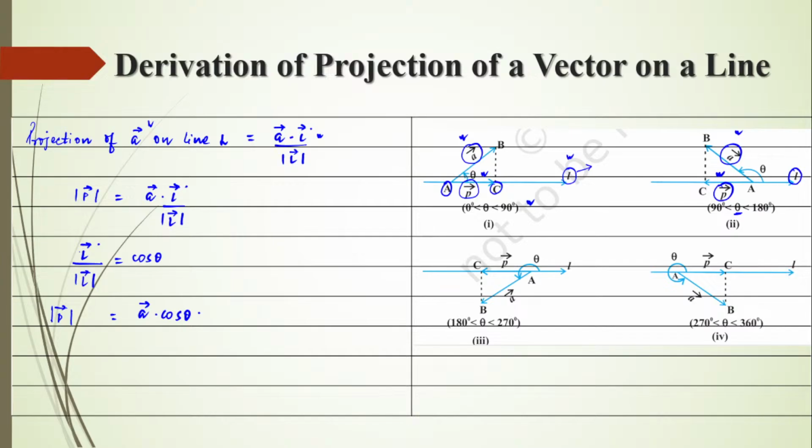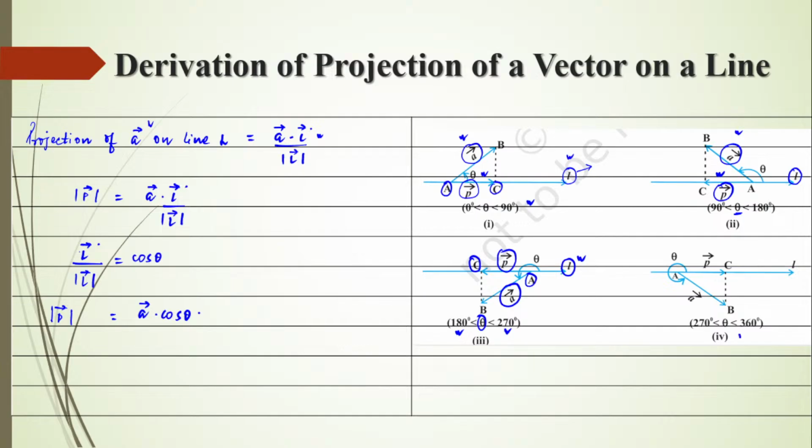In the third figure, when theta is greater than 180 degrees but less than 270 degrees, vector A lies in the third quadrant, and the direction of the projection AC is opposite to the direction of the directed line.